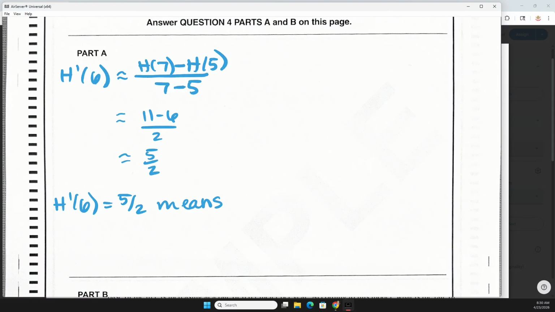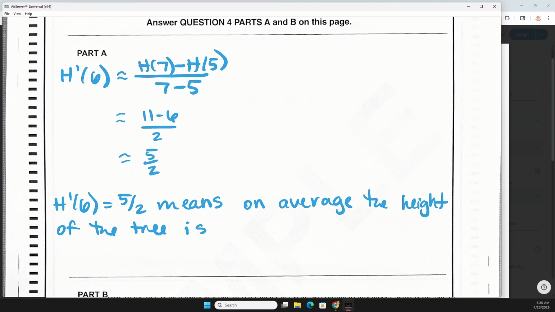So we're going to say on average, because it's the average rate of change, the height of the tree, and then we have to say if this height is increasing or decreasing. Since it's a positive rate of change, we're going to say increasing.